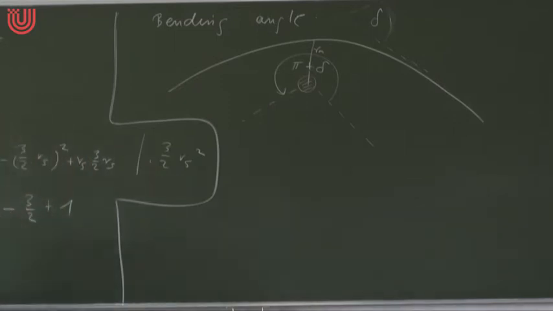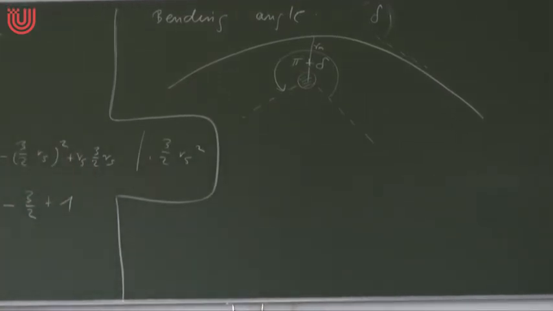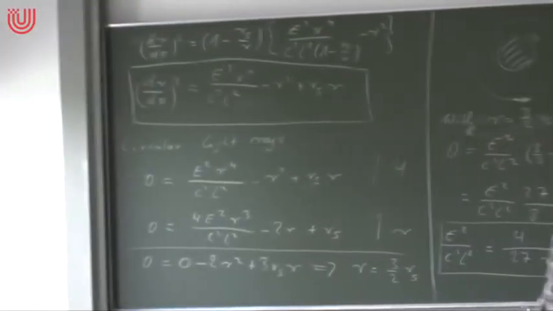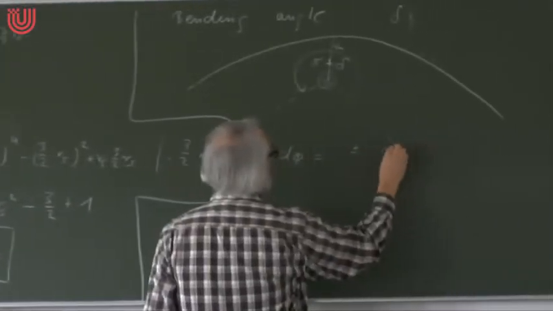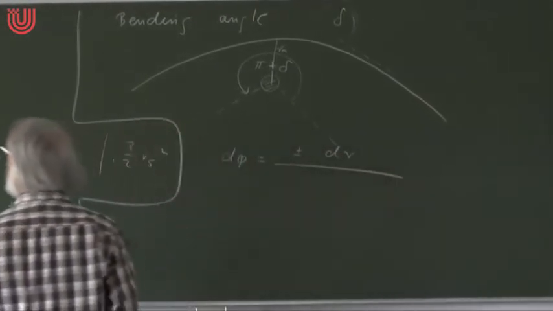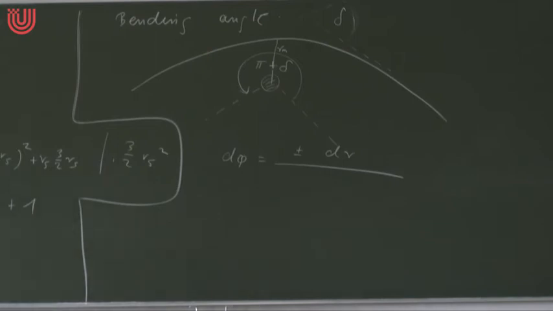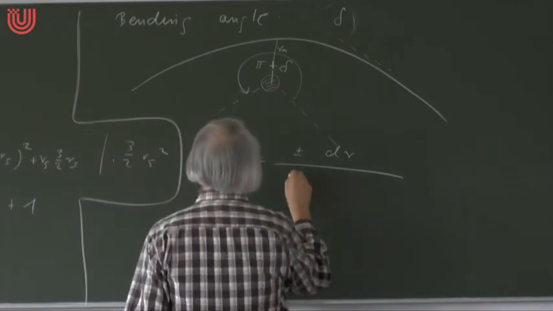Okay, that's what we want to calculate, and all the information is coded in this equation for the orbit. So we have phi is plus minus the integral of dr divided by the square root on the right hand side.